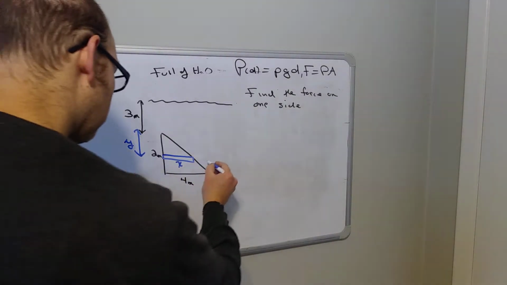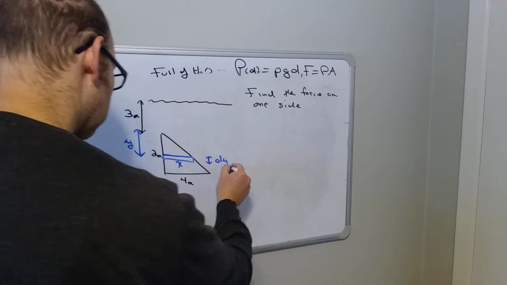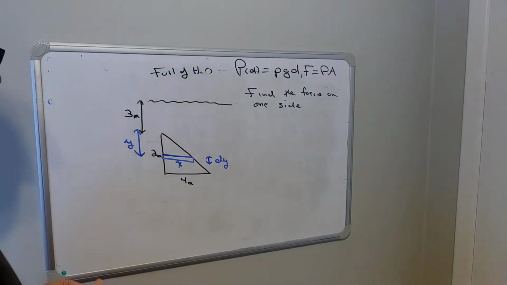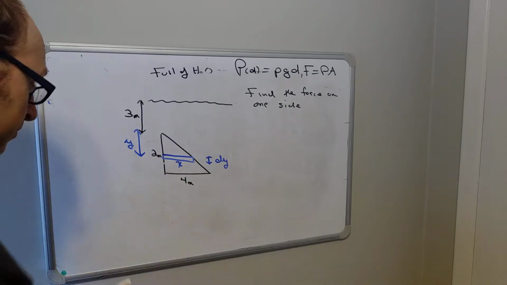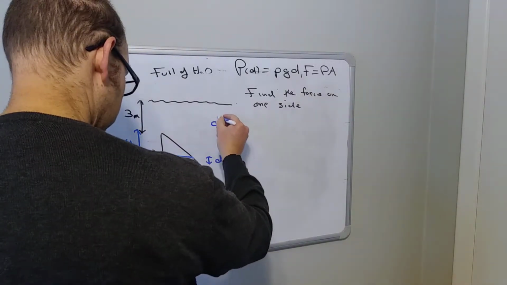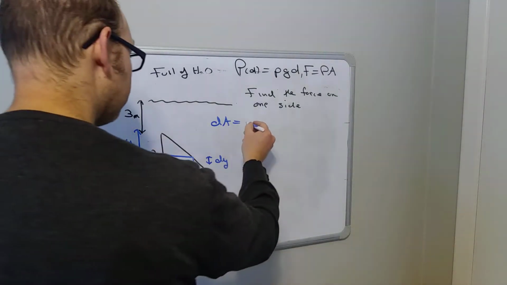The thickness of this little slice is dy. Okay, so first we need dA. Well, it's x dy.